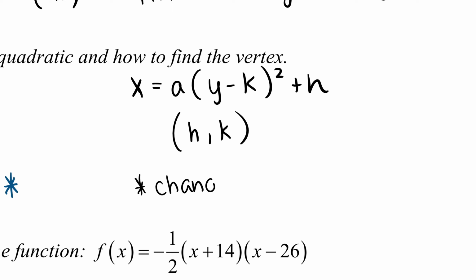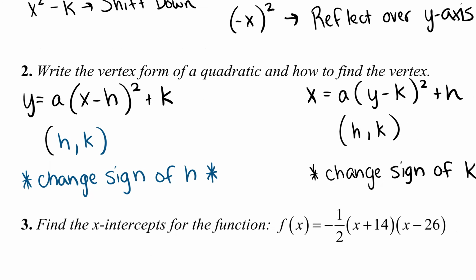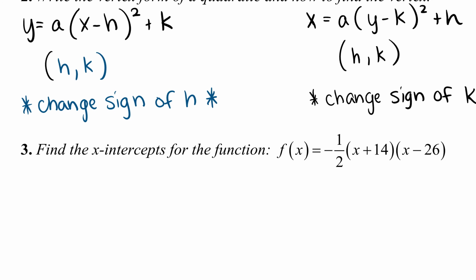That's my only difference. So if I flip x and y, I flip h and k. So change the sign of k. So those are my 2 parabolas, whereas y equals is the quadratic function, the vertex form. Okay, so that's it for number 2.